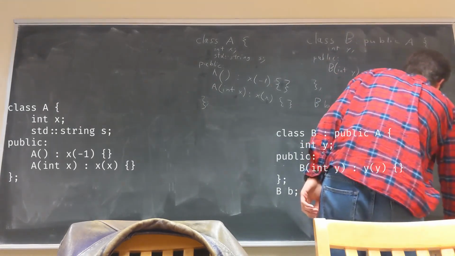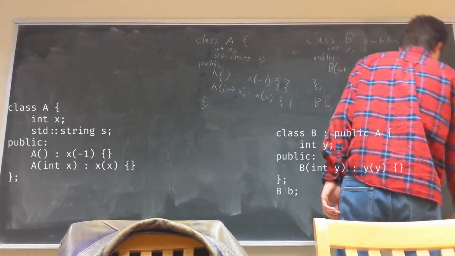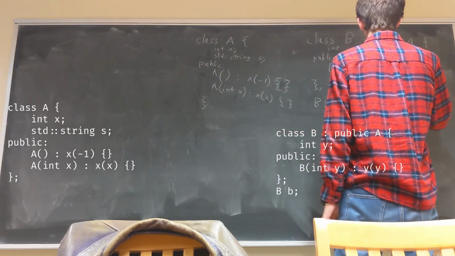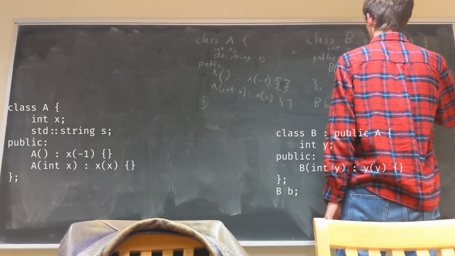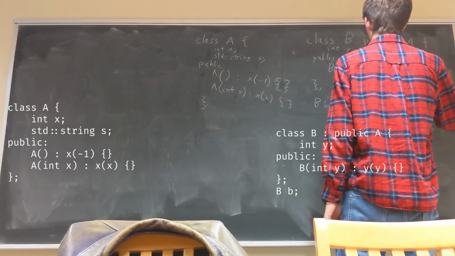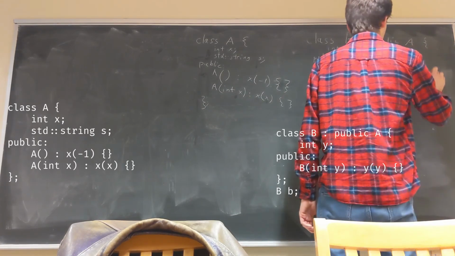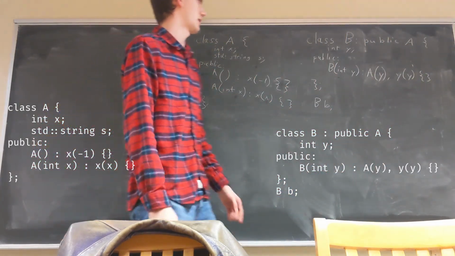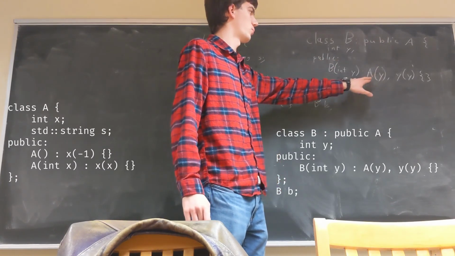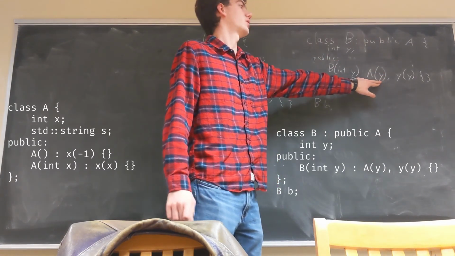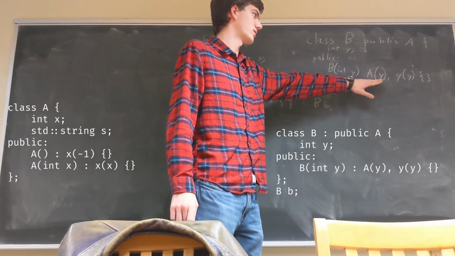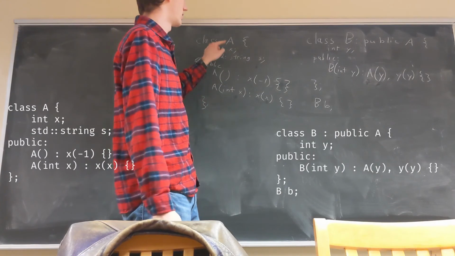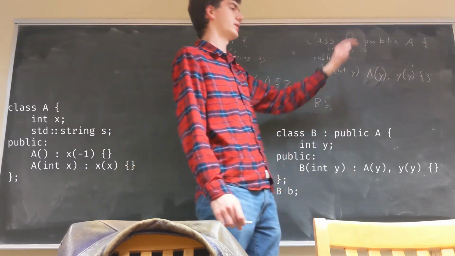Then what we do instead of just letting it invoke the default constructor, we would do that. So what that says is, okay, initialize the embedded object of type A by calling its constructor, or whatever constructor matches passing in y, which would match with this constructor, and so it would initialize x to also be the same as what we're initializing y to.